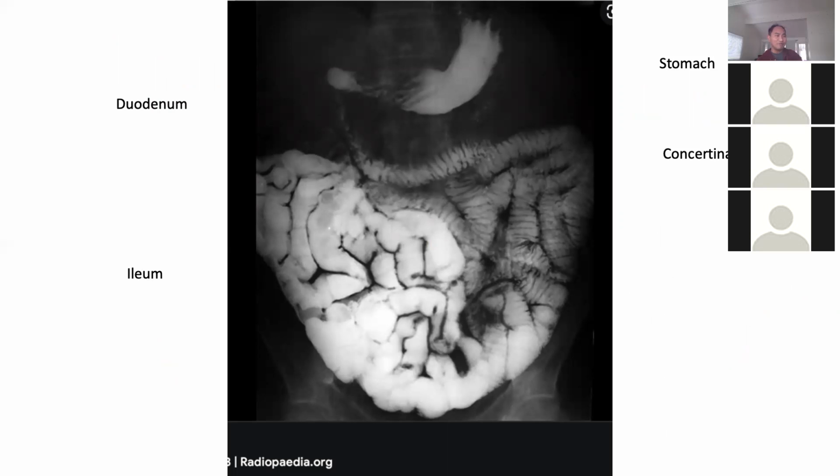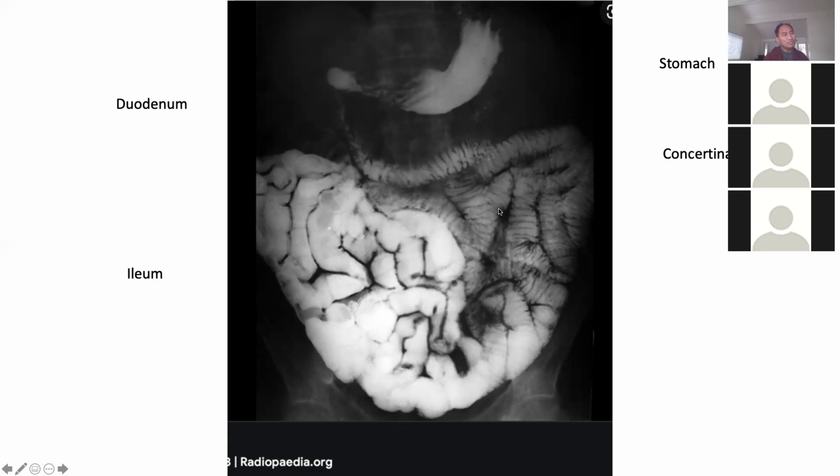This is the barium follow-through, guys. So the patient has been given a glass of barium, and then they have to swallow it, and that barium got to the stomach here. This is the stomach, and the barium is starting to leave the stomach into the duodenum, and then becoming jejunum.